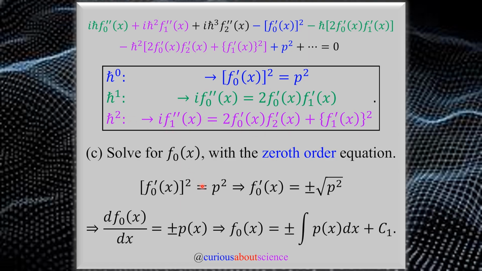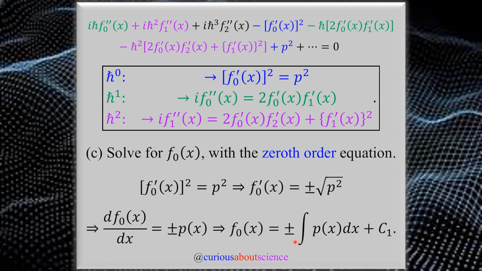So that's fine there. From there, we go ahead and see that f prime of 0 squared is equal to p squared. So take the square root of both sides. Just make sure to keep your plus or minus with you. From there, we see that the prime just means that we had a derivative. So we put it in derivative notation, make it explicitly clear. And from there, we can go ahead and take the integral of both sides to get this f0 uncovered.